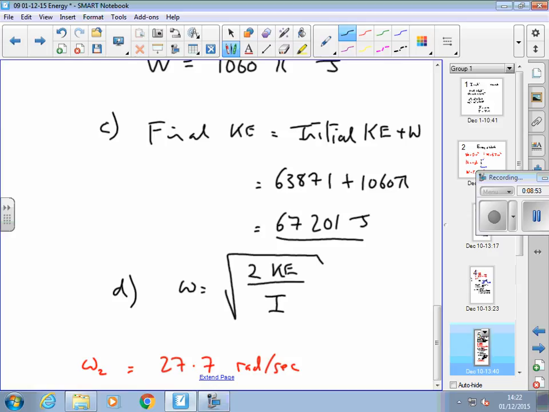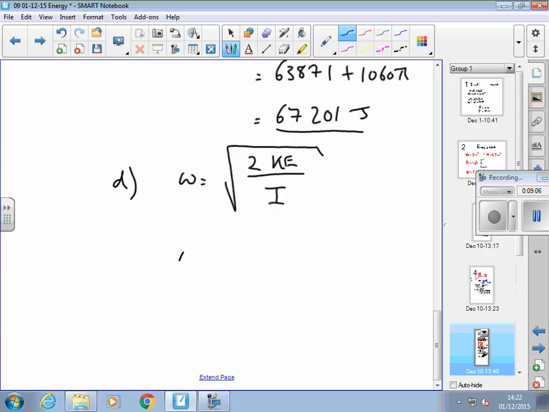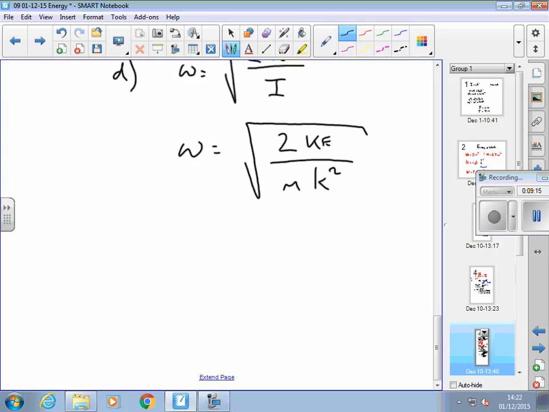And we know the moment of inertia. We calculated that earlier, so we can put that in. Or, actually, twice the kinetic energy divided by mk squared. So we can now literally put the numbers in.